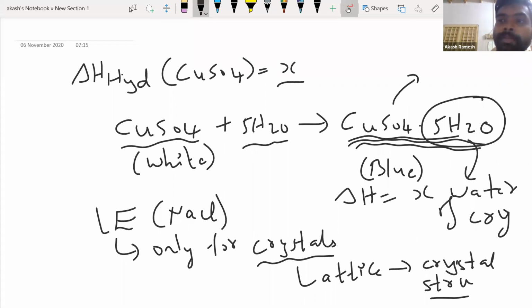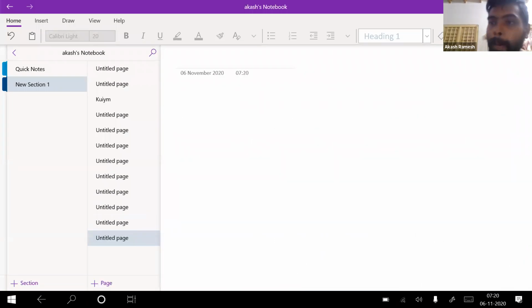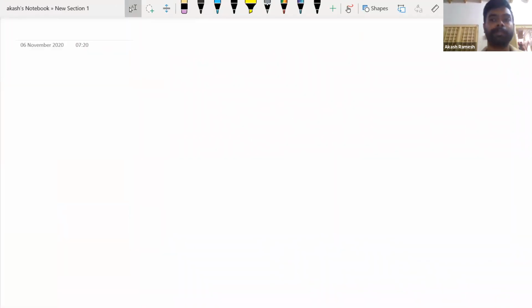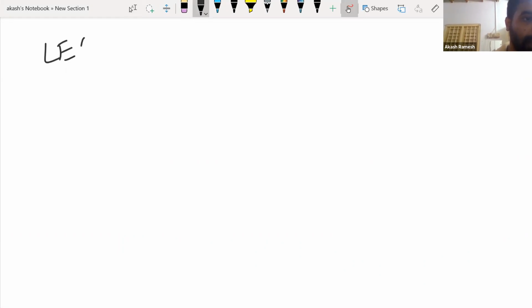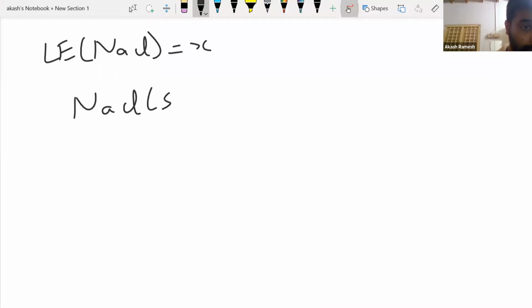Is it understood? So how do you write the chemical reaction for this? For example, if I say the lattice enthalpy of NaCl is some X, how will I write the equation? It's very simple. I have sodium chloride in solid state, obviously, because we're talking about crystals.